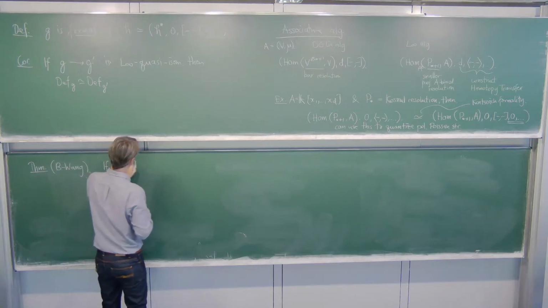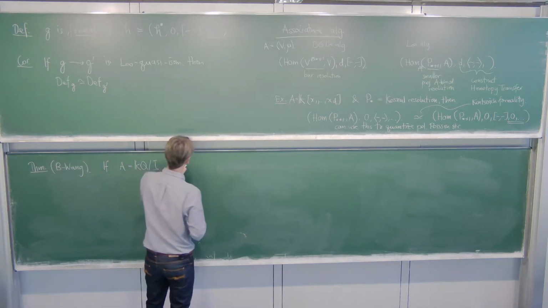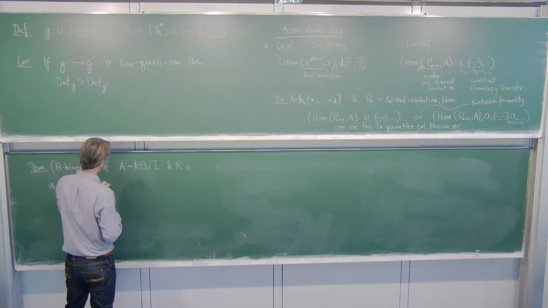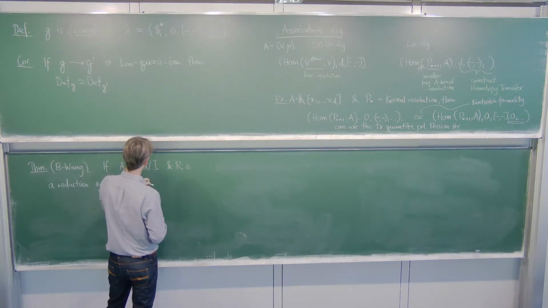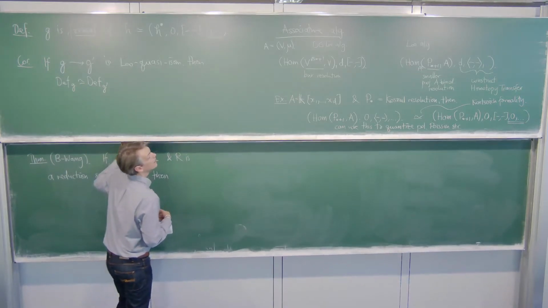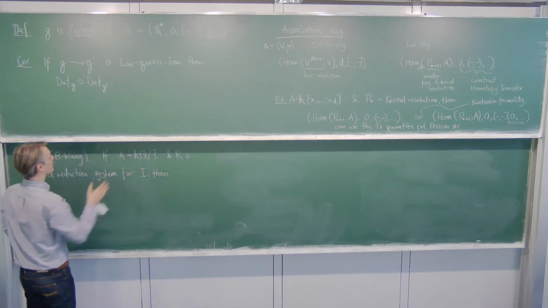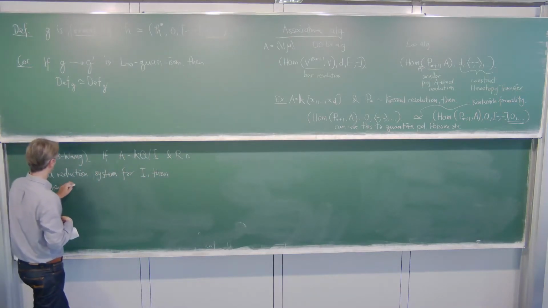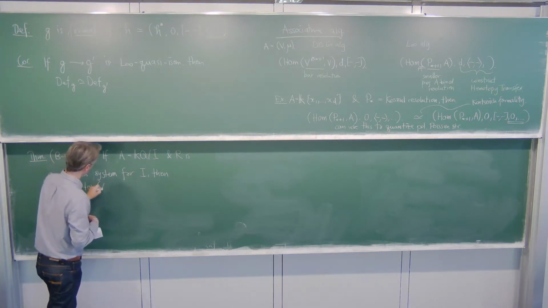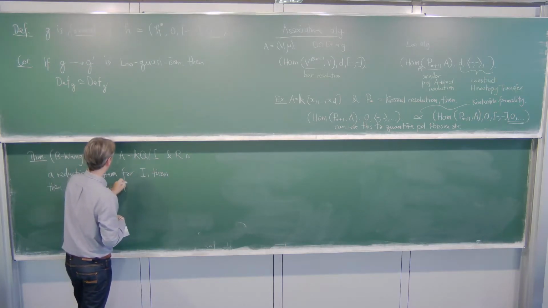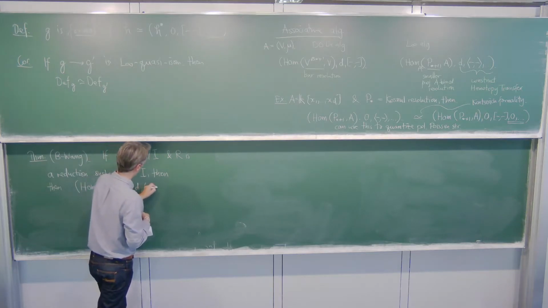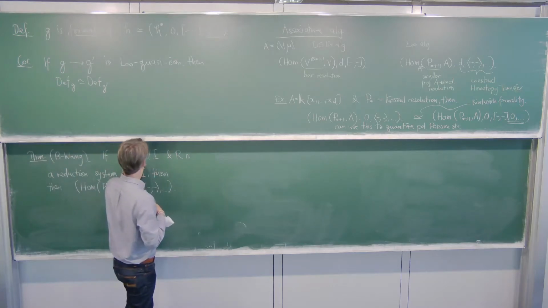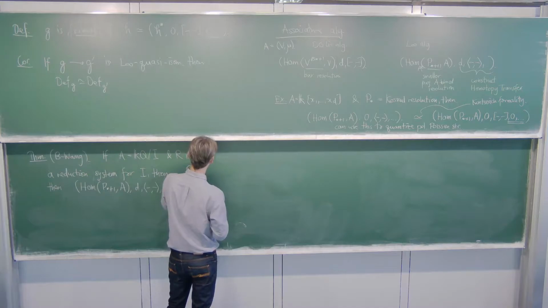If A is kQ modulo I, and there is a reduction system for the ideal, then there's a projective bimodule resolution of A from R. What do you mean by Q? Q is a finite quiver.